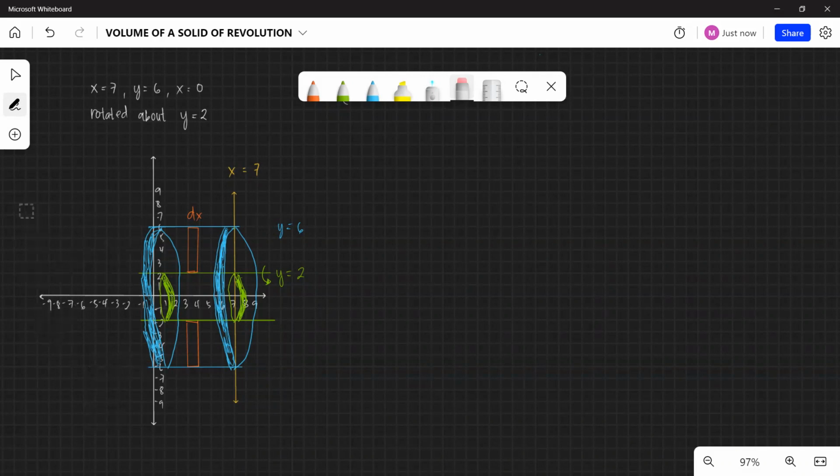What you need to draw is just the representative differential volume, just one slice.